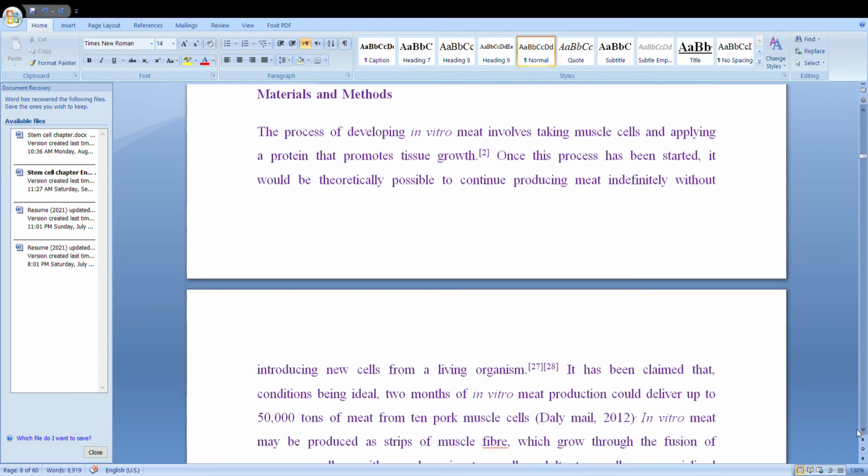The process of developing in vitro meat involves taking muscle cells and applying a protein that promotes tissue growth. Once this process has been started, it would theoretically be possible to continue producing meat indefinitely without introducing new cells from a living organism.